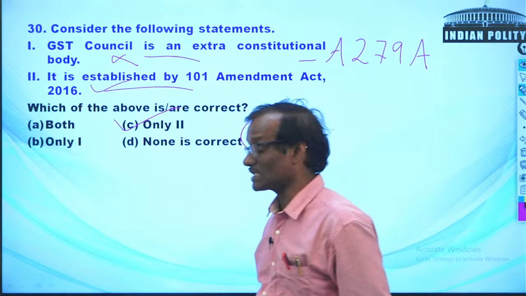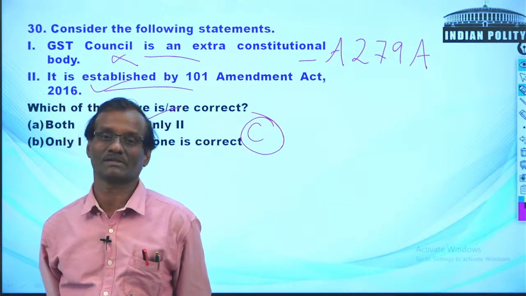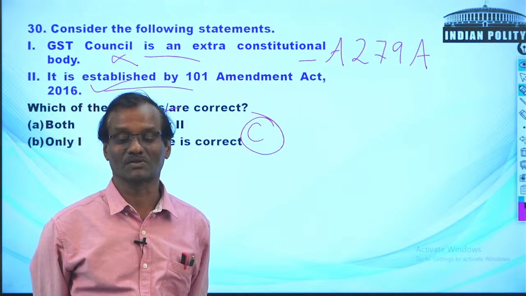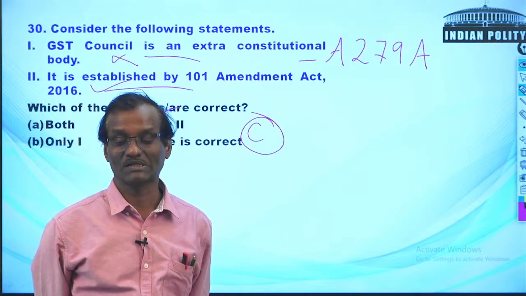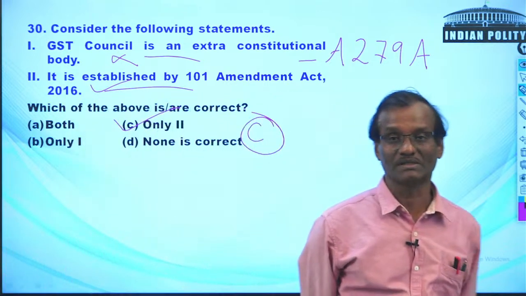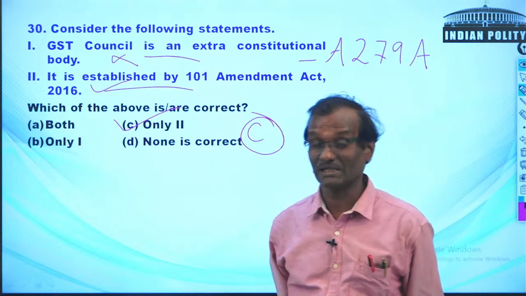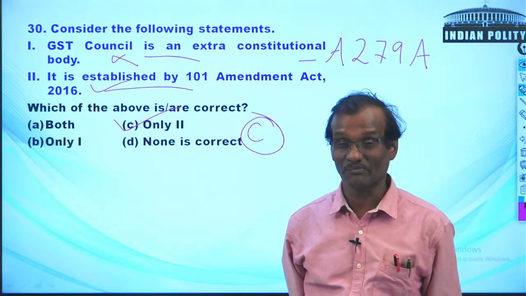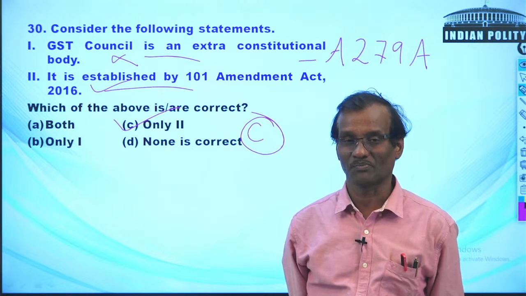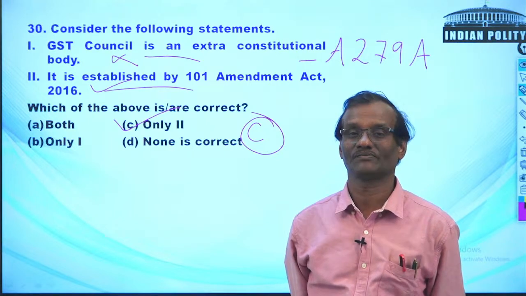So they are statutory and non-statutory bodies. Together they are called extra constitutional bodies. They are also as important as constitutional bodies because they are also independent bodies, designed to perform independently for the purpose for which they are established.